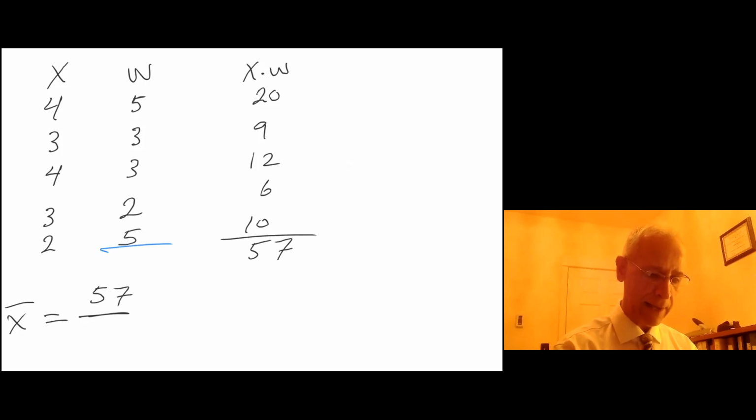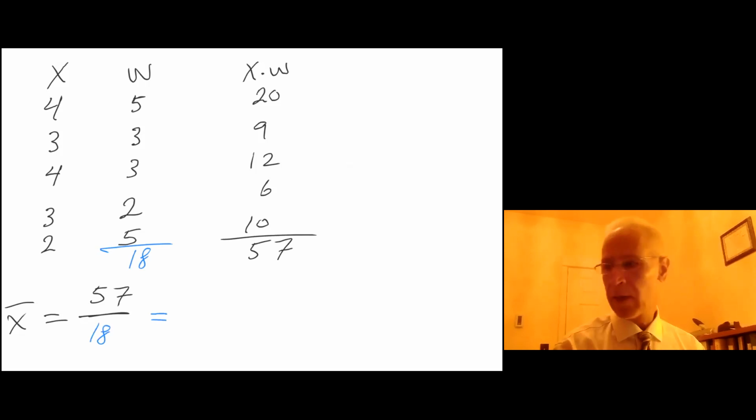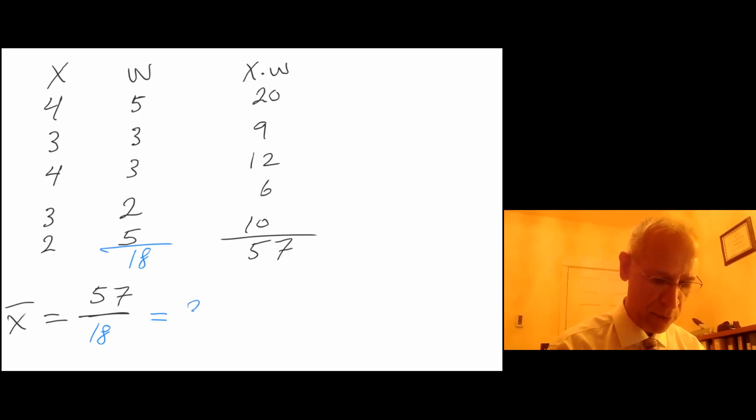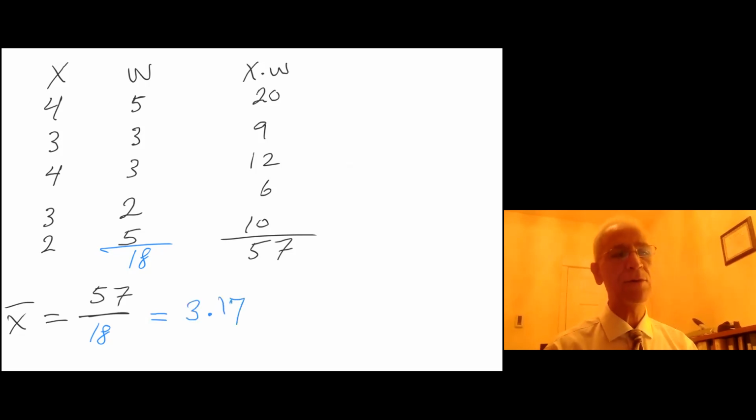So I have 18, divided by 18. So this equals, and we normally round that to 2 decimals. Okay, let me do this in this calculator. So 3.17. So your accumulated GPA for these classes for this quarter is 3.17.